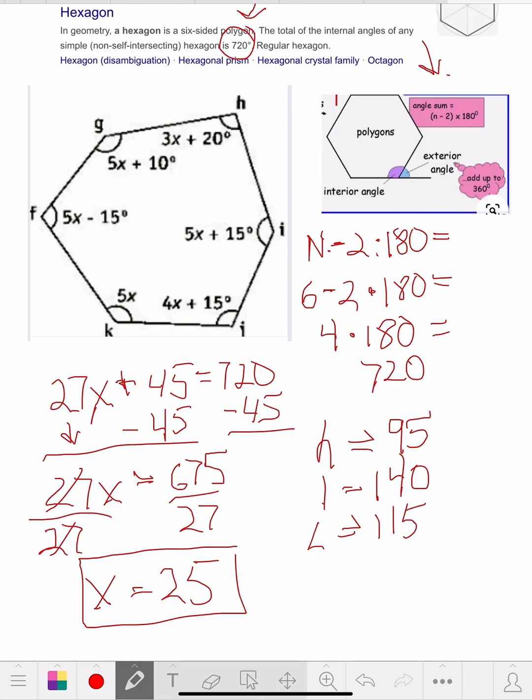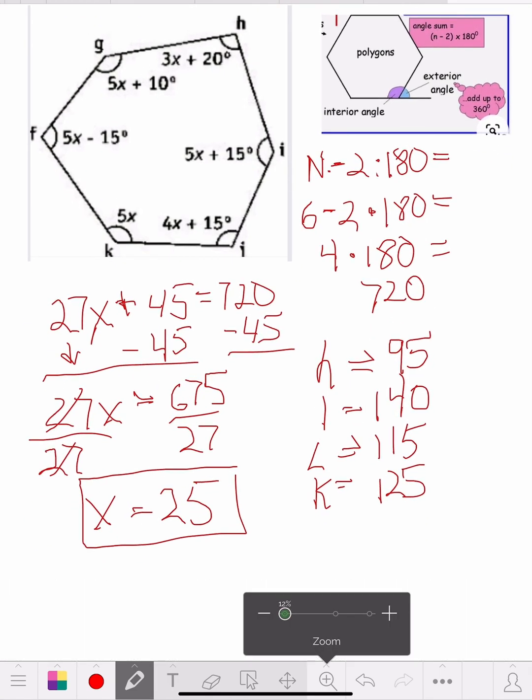The next one, 5 times 25 is 125, and that's K. You see how we're doing this now? We just go right in order. Then 5 times 25 is 125 for F, 125 minus 15. We have to remember that's a minus 15. So it's 110.